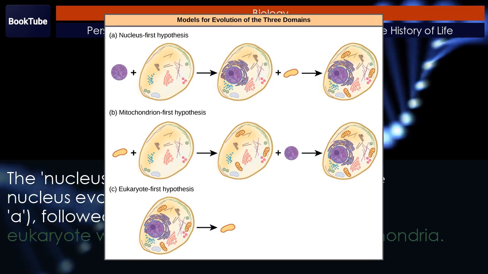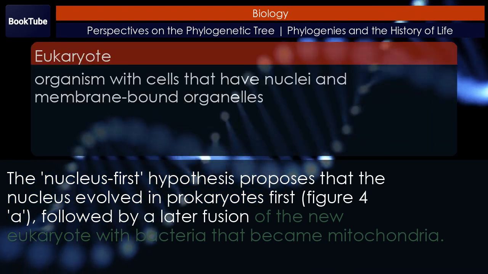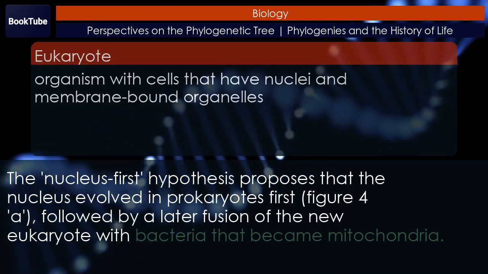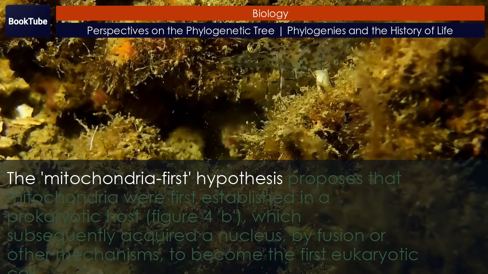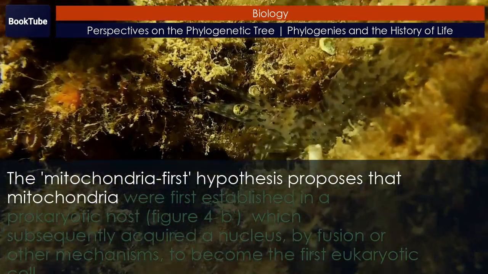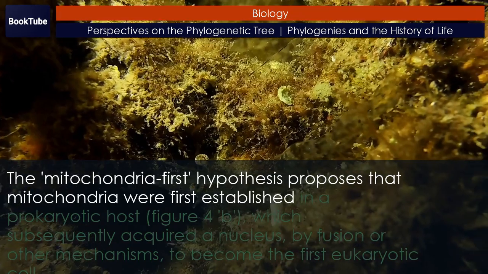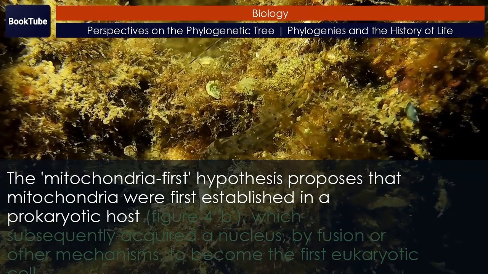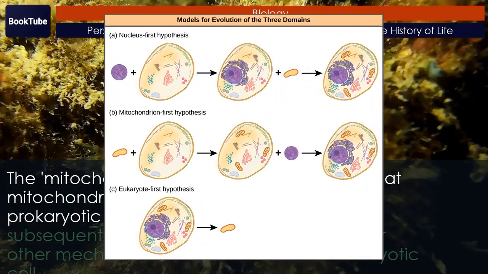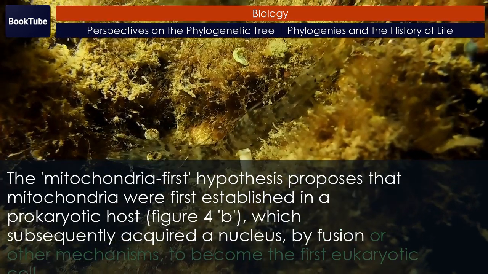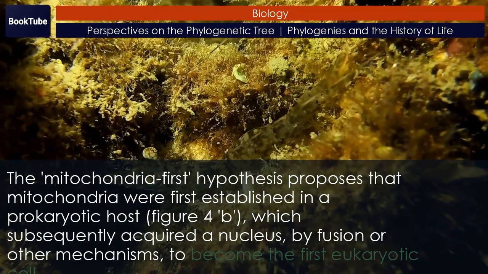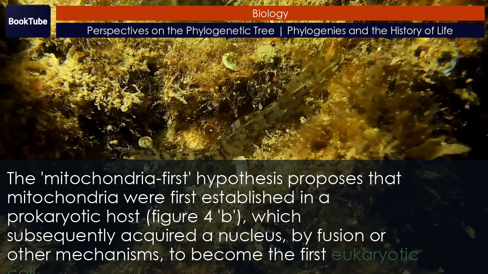Figure 4, followed by a later fusion of the new eukaryote with bacteria that became mitochondria. The mitochondria first hypothesis proposes that mitochondria were first established in a prokaryotic host, Figure 4b, which subsequently acquired a nucleus by fusion or other mechanisms to become the first eukaryotic cell.